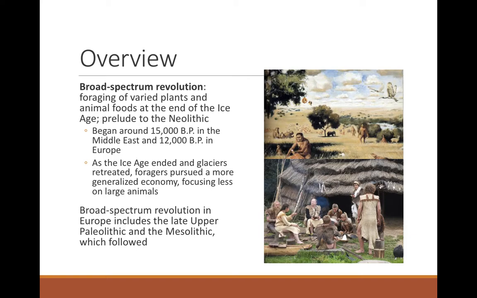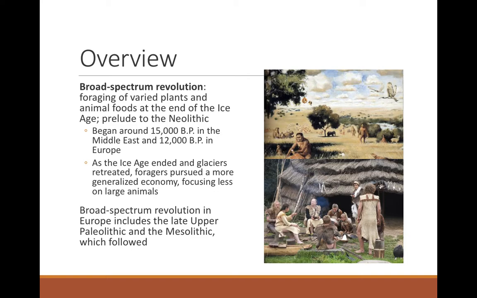Prior to this point, they had been big game hunters. And we talked about how this drove the settling of the Americas, for example, following the herds across the ice. And so the kinds of plant and animal resources that were present after the retreat of this last glacial were fundamentally different in nature.